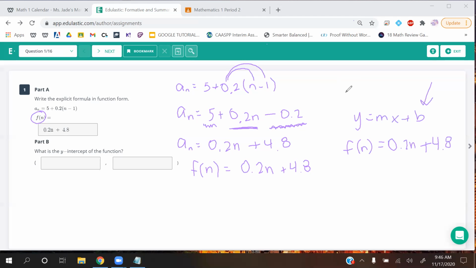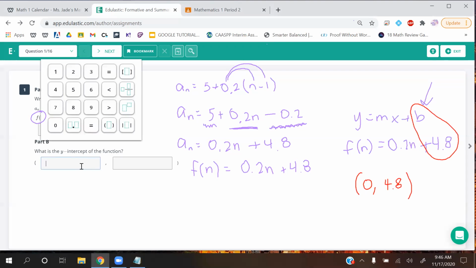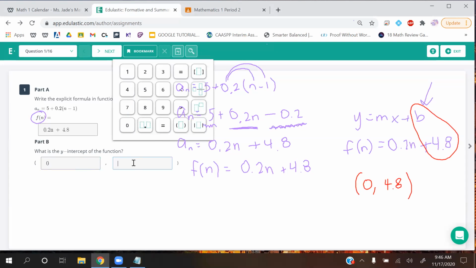So then the y-intercept of the function will be this value, the 4.8. And you would write this as 0 for the x, comma 4.8 as the y, because this is your y-intercept, so the y value should be 4.8. So then I would type in 0, comma 4.8.